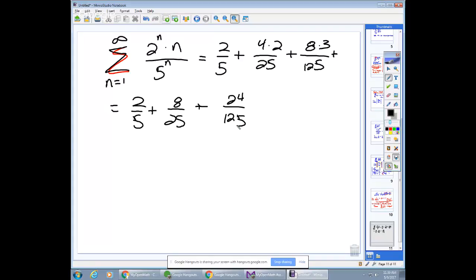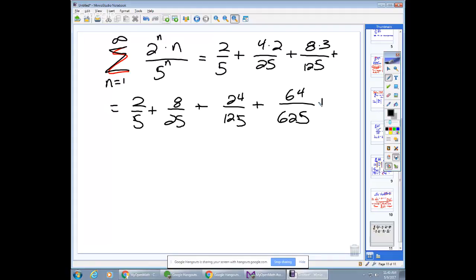These seem to be dropping. What would the next one be? 2 to the 4th is 16 times 4 is 64. 125 times another 5 is, I think, 625. Those look decreasing to me.